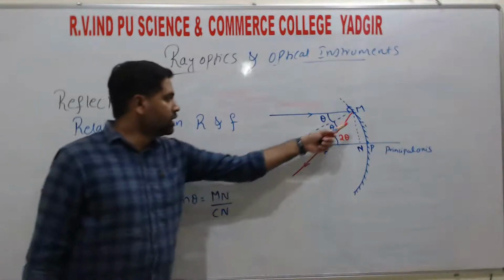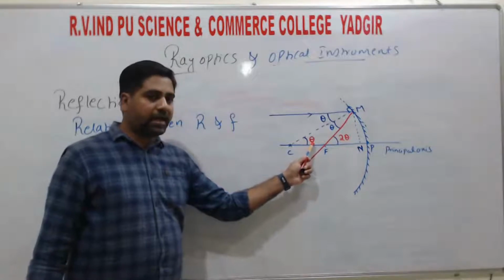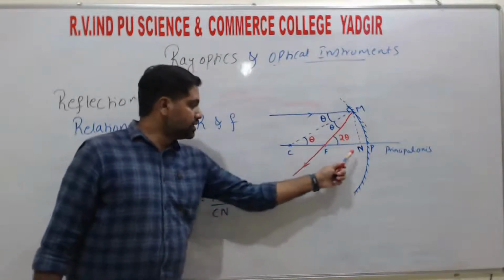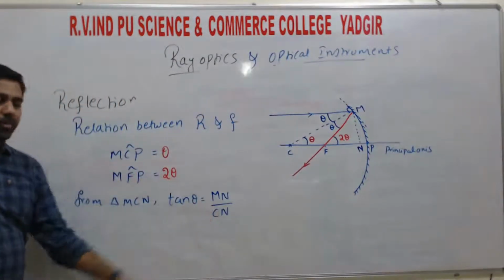So in triangle MCN, angle theta is here, tan theta is equal to opposite side MN divided by adjacent side, that is CN, right? Tan theta is equal to MN by CN.